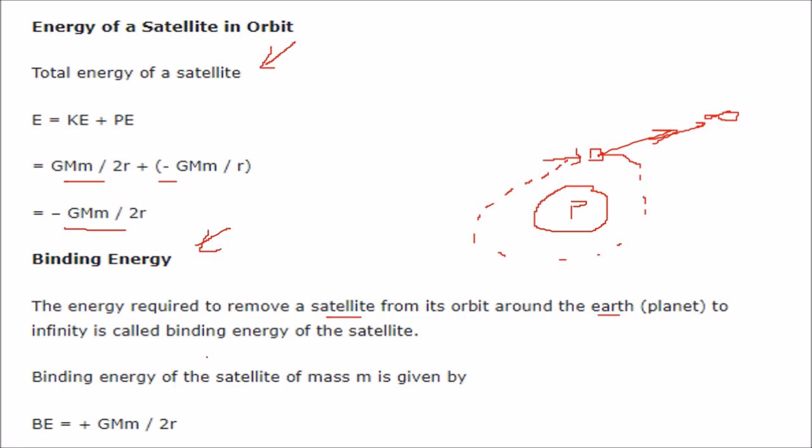The binding energy of a satellite of mass m is given by, see, these two are equal but opposite in sign, G capital M small m by 2r.